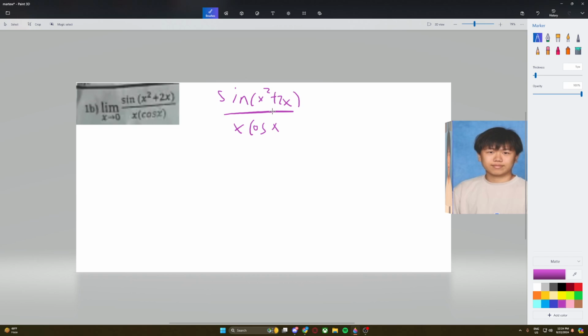Now plug in 0. 0 plus 0 is sin 0 over 0 times cosine 0, which is 0, and that's equal to 0 over 0.